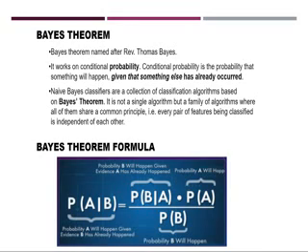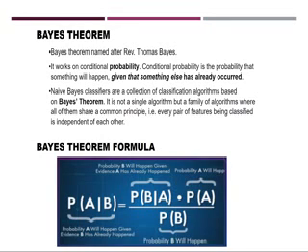P(A) is the probability of event A, and similarly P(B) is the probability of event B. Note that if the events A and B are independent, the probability of the outcome of event A does not depend on B, and similarly for B.